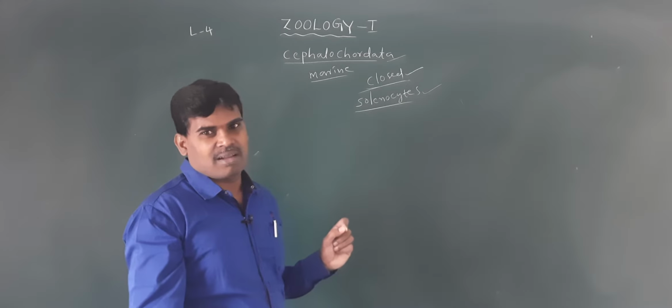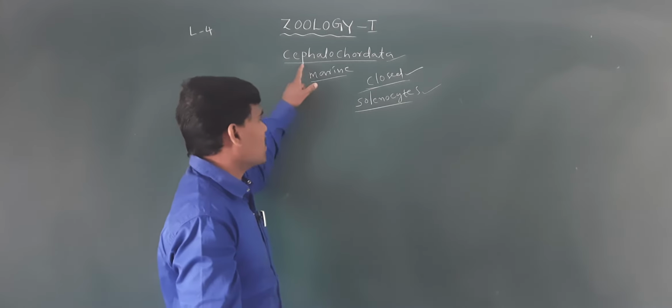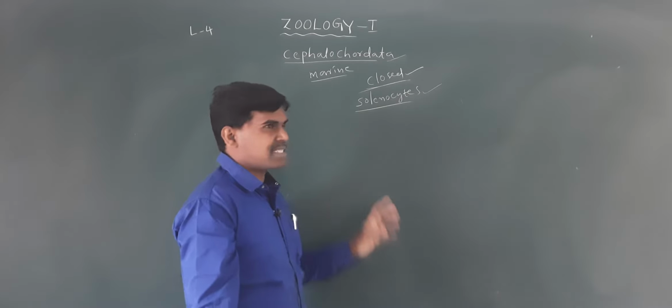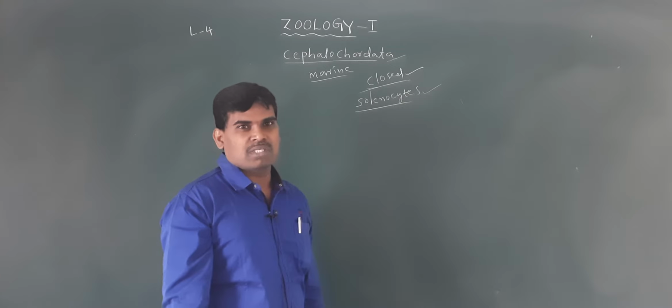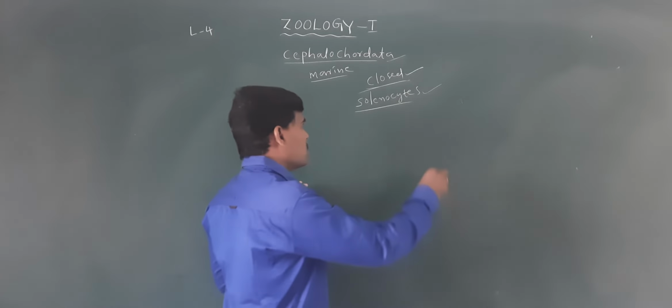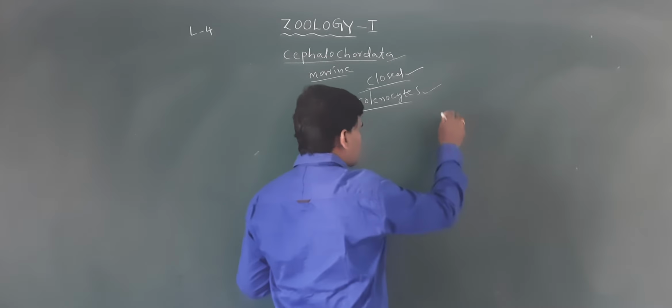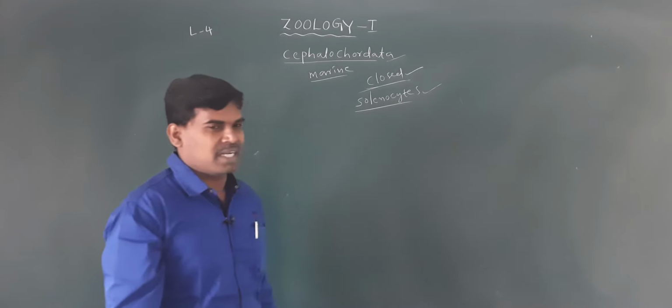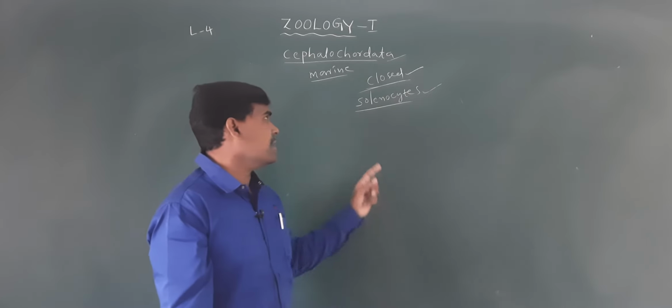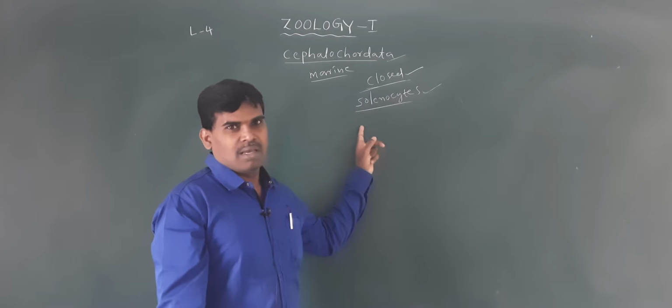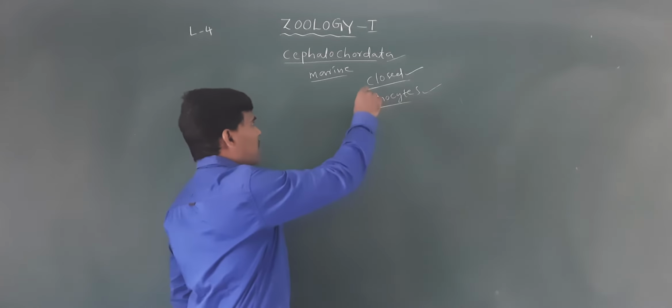But in Cephalochordatan animals, the excretory organs are solenocytes. Excretory materials are excreted through the solenocytes.